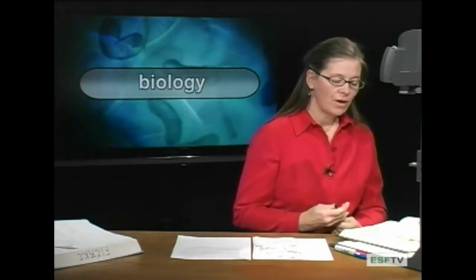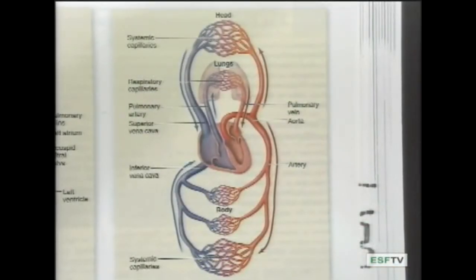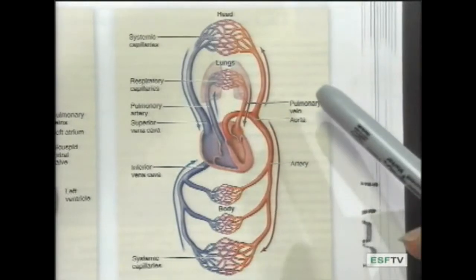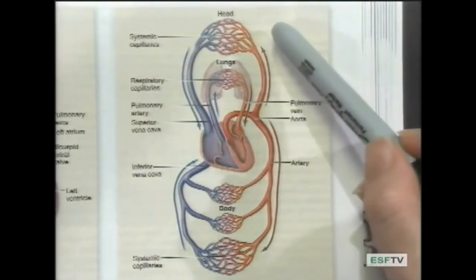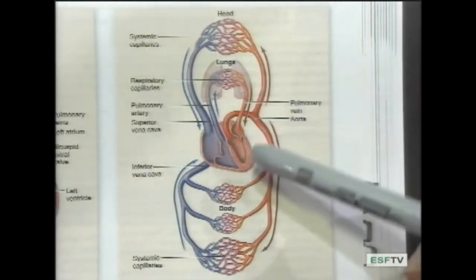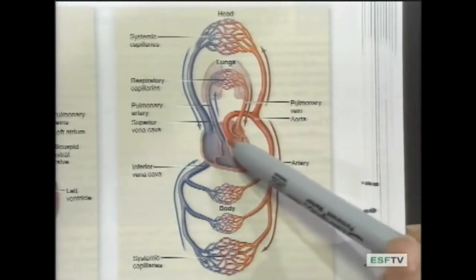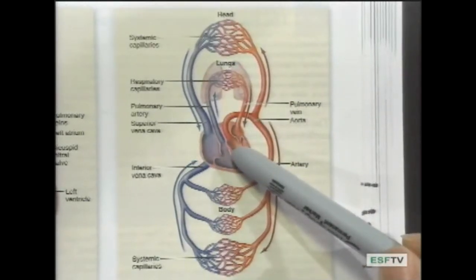So with that, let's go to the document camera where we have an image showing the heart and the circulation of blood through the heart in the circulatory system. So here we have the mammalian heart, this four-chambered heart with the different chambers, the atriums and the ventricles.